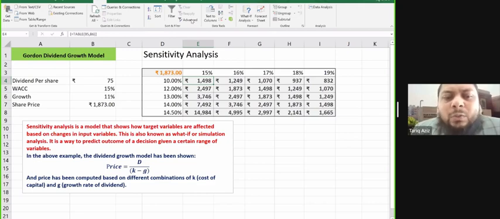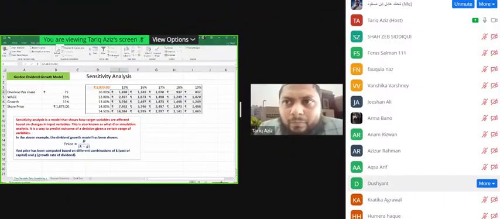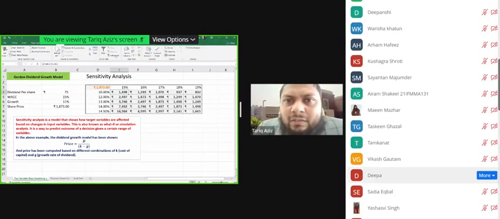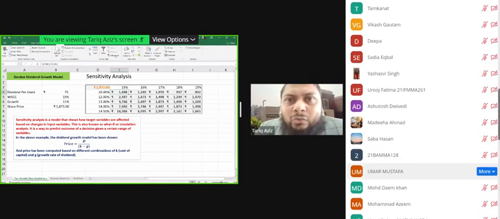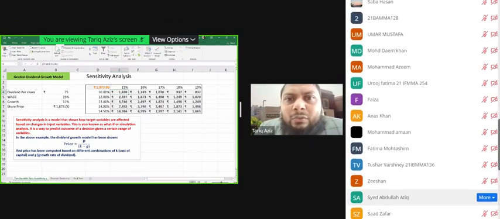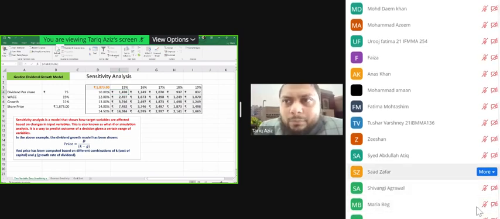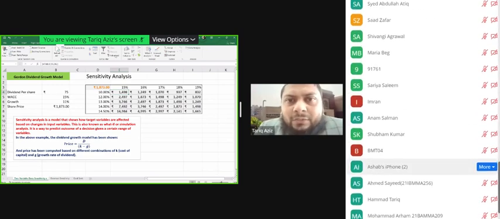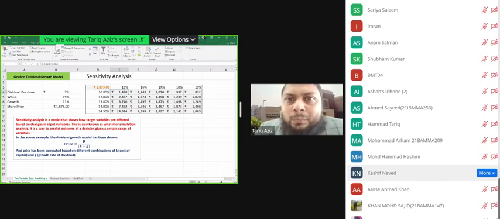This is somewhat similar to the goal seek function, because in goal seek, we are varying one input and we are solving a formula for a desired output. In sensitivity analysis, we are changing two inputs and we are trying to see the impact on the output.